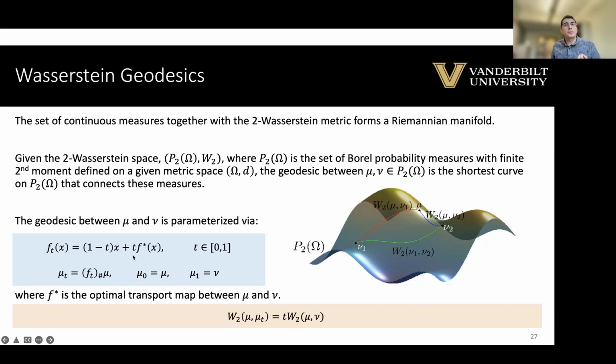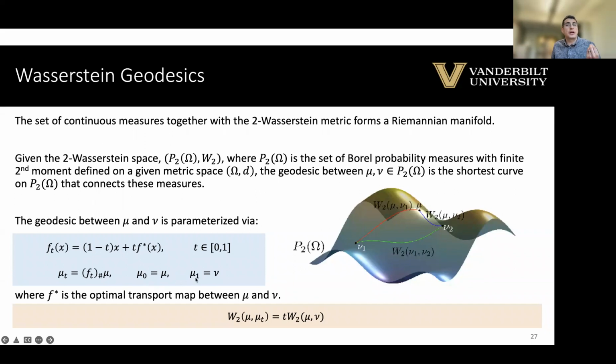Well, if we have the optimal transport plan F star between mu and nu, we can simply calculate a convex combination of identity X and F star and call that Ft. And then if we look at the Ft push forward of mu and we call that mu t, we see that at t equals 0, this mu 0 is equal to mu. This is simply identity.